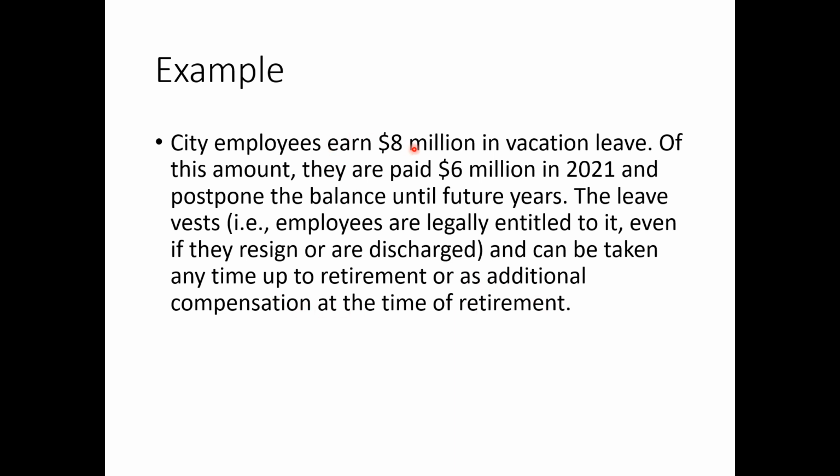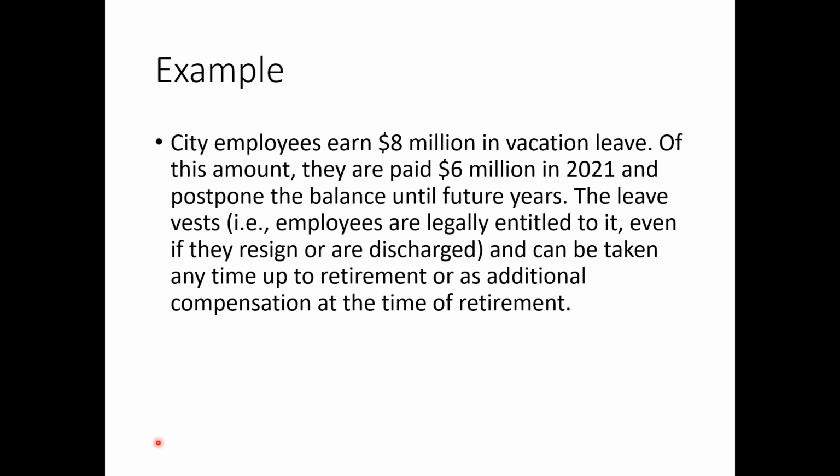So obviously 8 million in vacation pay has been earned, and 6 million has been paid already, but the probability of paying the remaining $2 million, we don't know in the future.